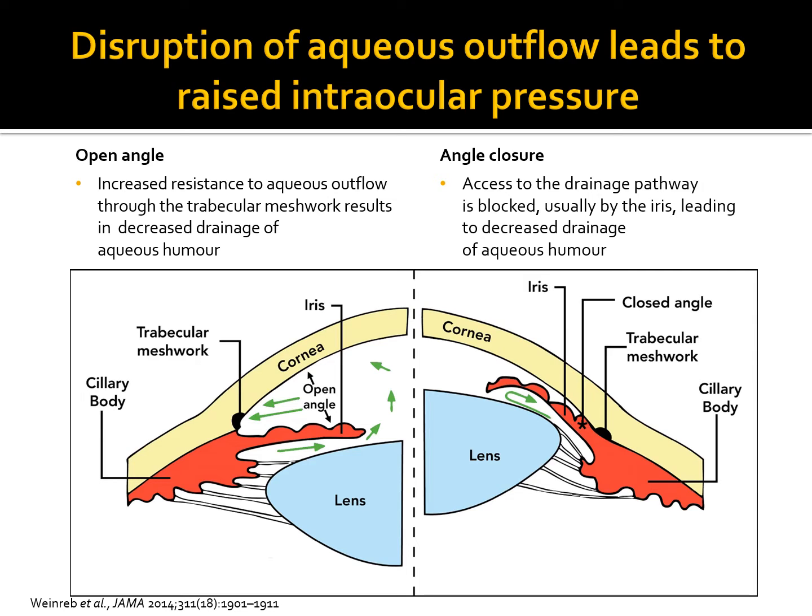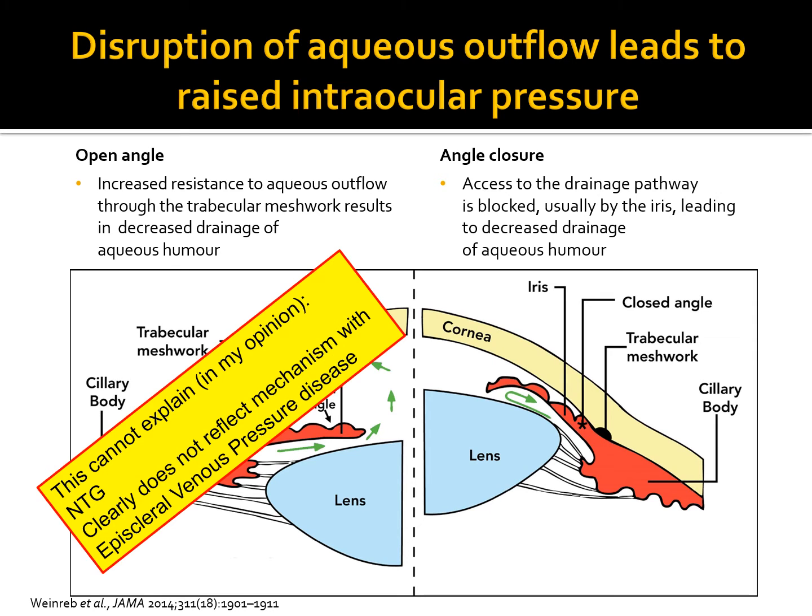And then there's angle closure, and there's different mechanisms here, but I think 75% of them is this pupil block type mechanism, where the drainage pathway is blocked, usually by the iris, leading to a decrease in drainage of the aqueous humor and a build-up of pressure in the posterior chamber, pushing the iris forward. They're the normal things. But this open angle mechanism here cannot, in my opinion, explain normal tension glaucoma.